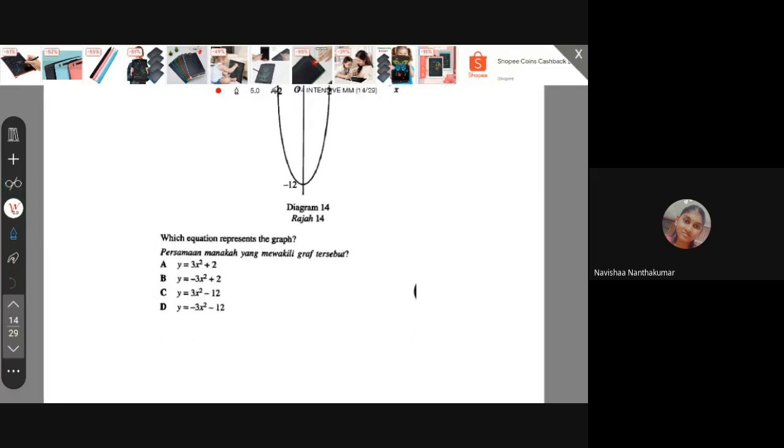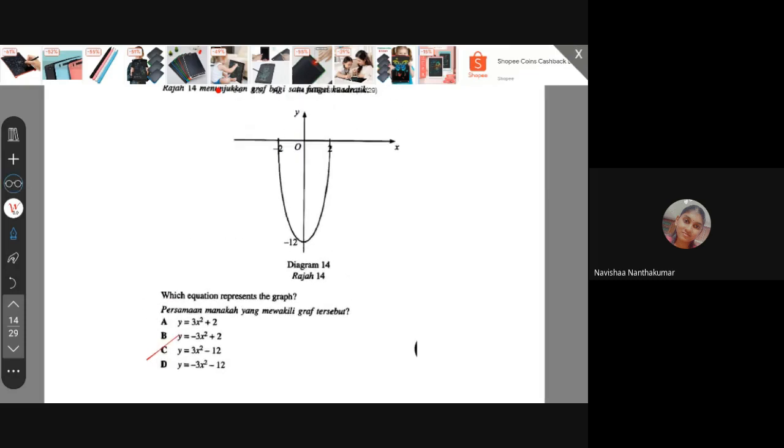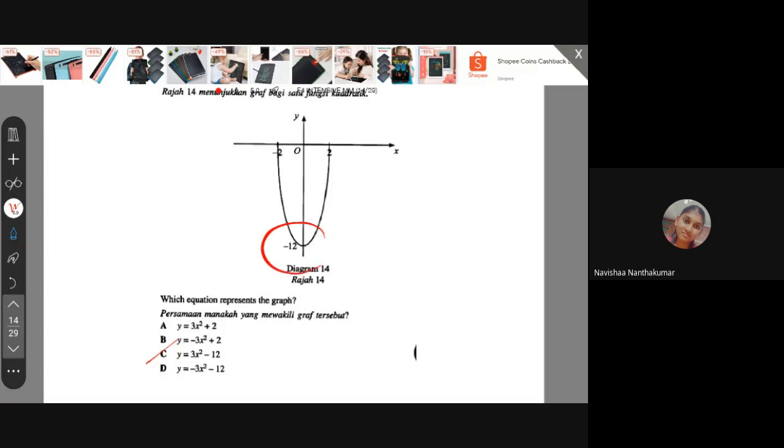Correct answer is C. So what decides the answer? Macam mana nak kamu tentukan yang ni? You see the y-intercept. Lihat pintasan y. Negative 12. So automatically A dan B salah already. Automatically A and B wrong. And then kamu lihat nilai A. See your A value. Smiling means A greater than 0. Means D out lah. So that's why your answer is C.